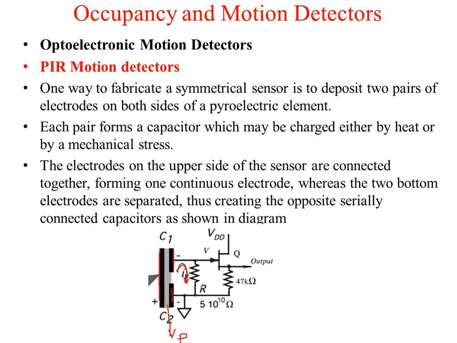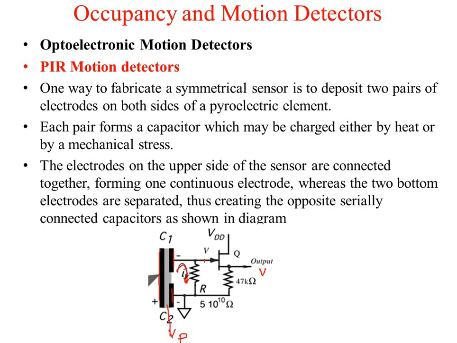So this 50 giga ohm resistance you cannot directly connect to the circuit. That's why you need to convert it into a proper current or a proper output. For that purpose, this voltage follower type of JFET is used over here, and that JFET will simply take this voltage out over here.